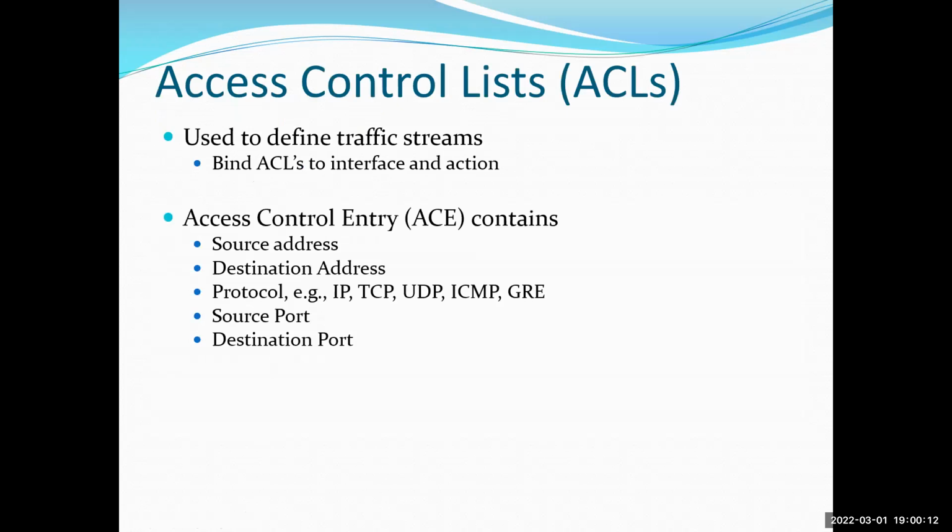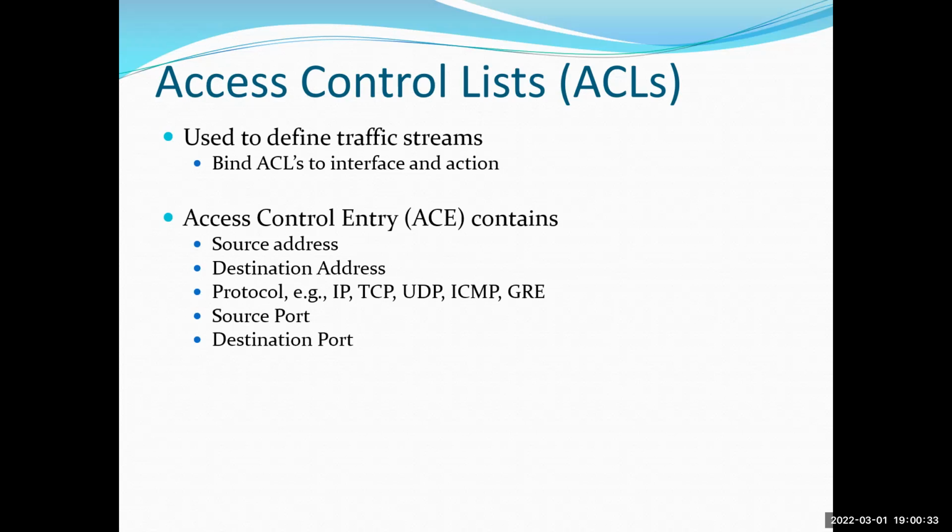So the ACLs are used to define traffic streams, and then you create the ACLs and bind them to the interfaces themselves. Okay, and Iptables is going to be a little bit different. We're going to talk about chains, although it's the same concept. The terminology will be a little bit different.